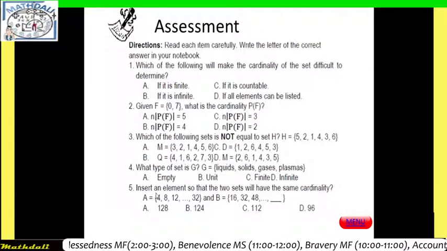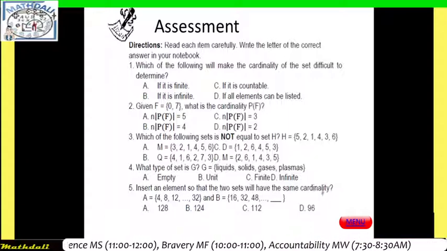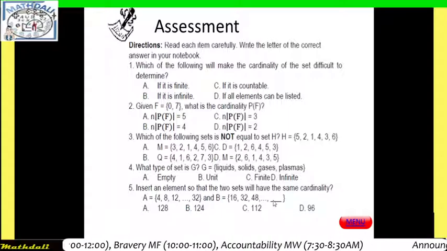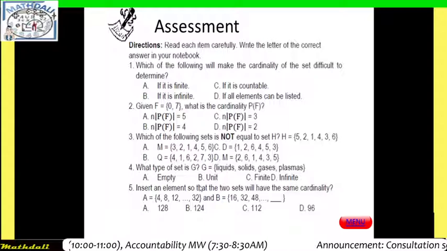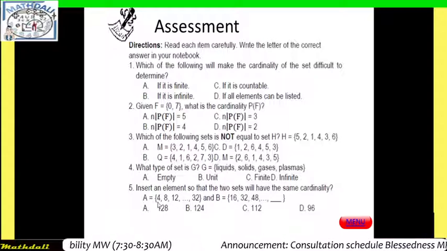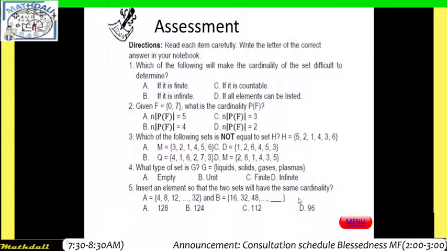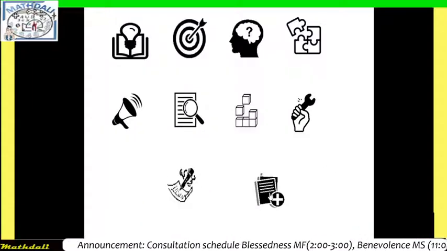Dito kasi, insert an element so that the two sets will have the same cardinality. Mag-insert tayo dito ng element para maging parehas yung kanilang number of elements. Itong set A at saka set B. Ano yun? Okay, so I'm going to give you an example regarding that.